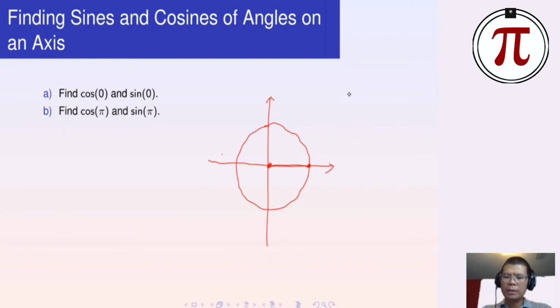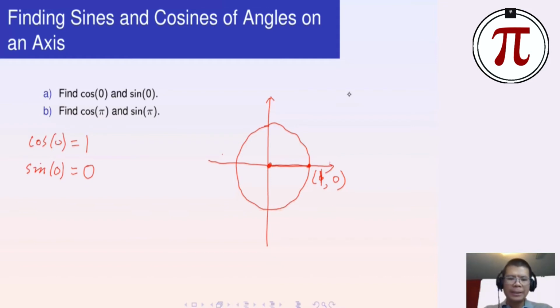This point is 1, 0, right? The corresponding angle is 0, so what is cosine of 0? It would be x, which is 1. Yeah, cosine of 0 equals 1. Similarly, what is the sine of 0? It's going to be the y coordinate, which is 0, right?